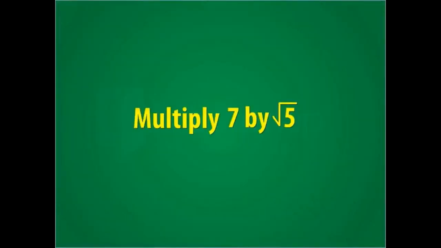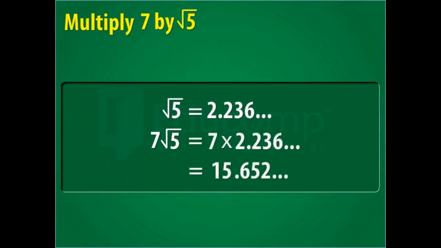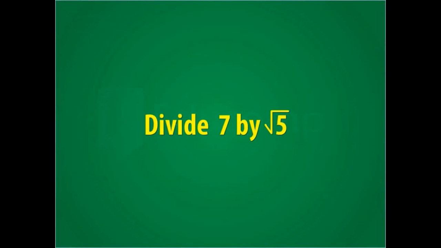Let's multiply 7 by square root of 5. It is an irrational number 15.652 and so on.